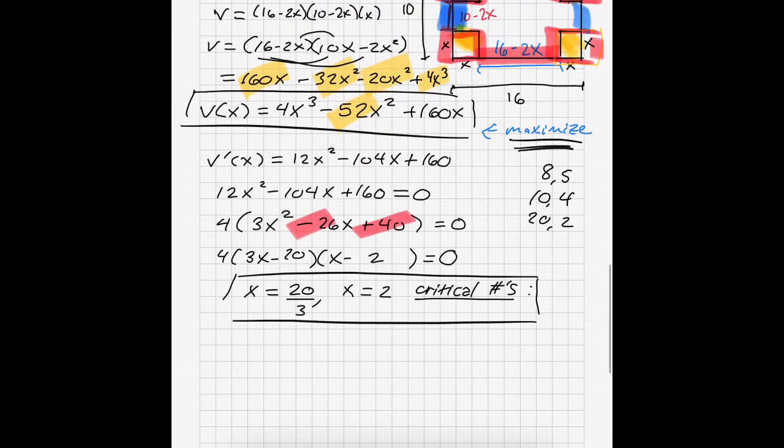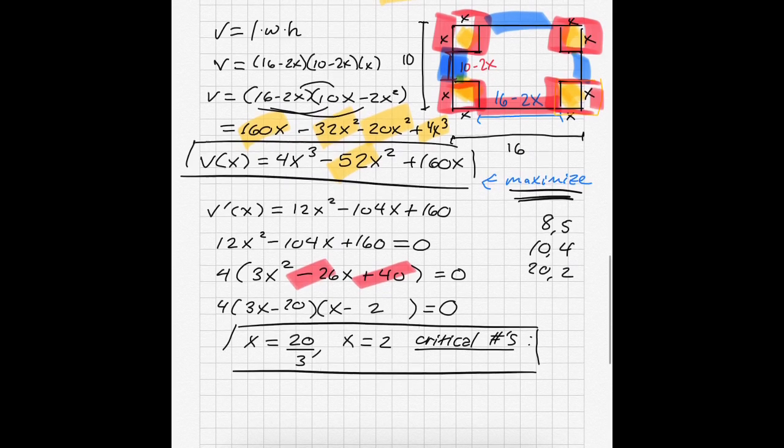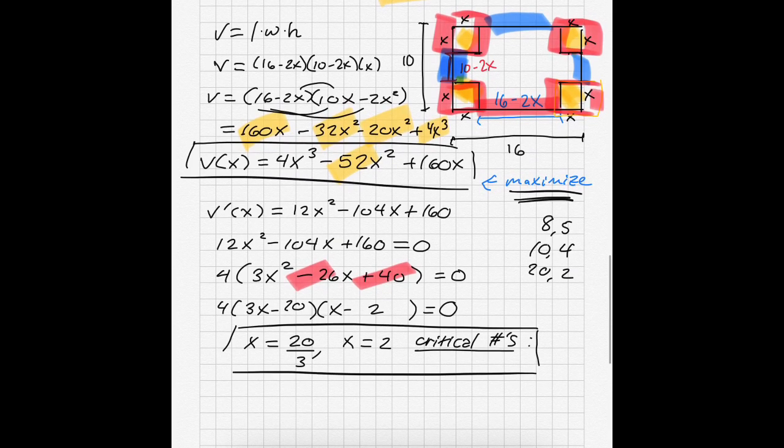So would 20/3 actually be a valid answer? Let me look back up here. If x were 20/3, let's see what one of these sides would look like.